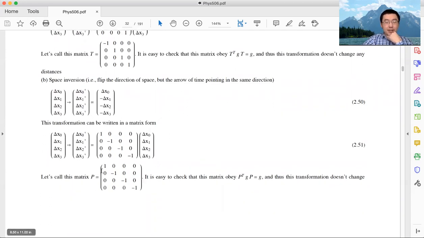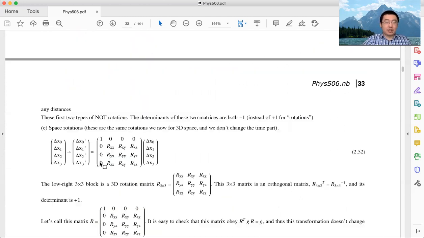It's easy to check that P transpose times G times P is still G. The metric tensor stays invariant. So when we flip the direction of XYZ to -XYZ, the metric tensor remains the same, which means the distance remains the same.